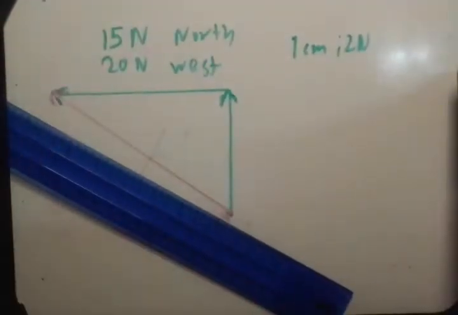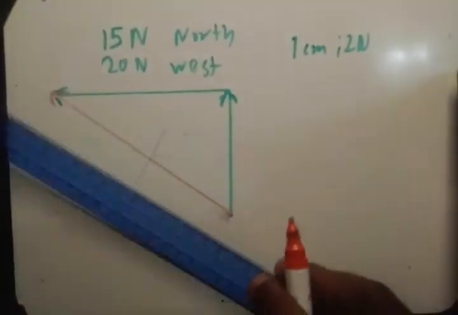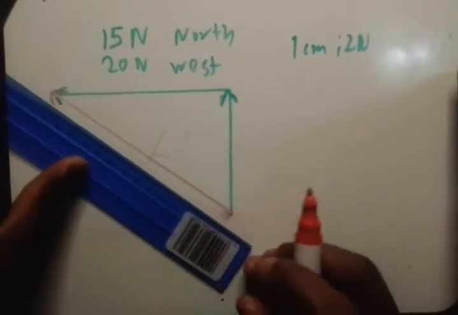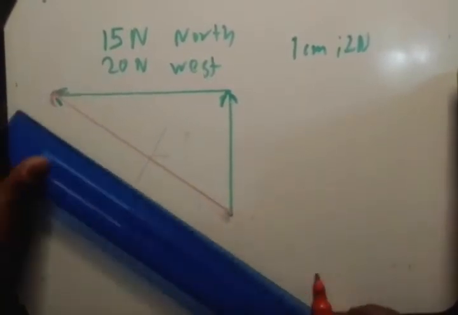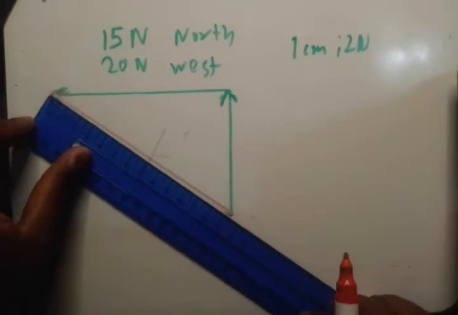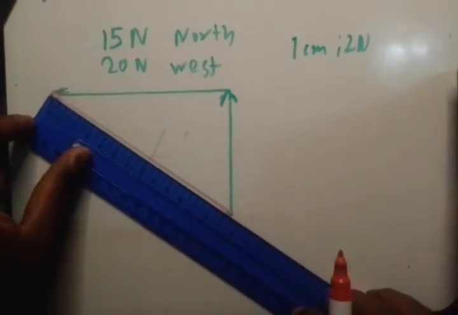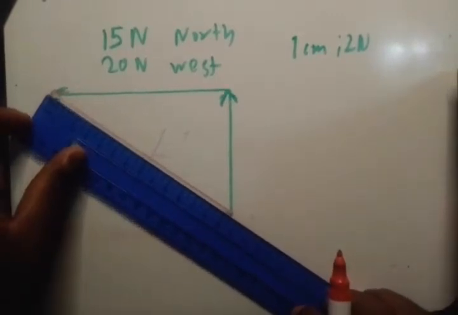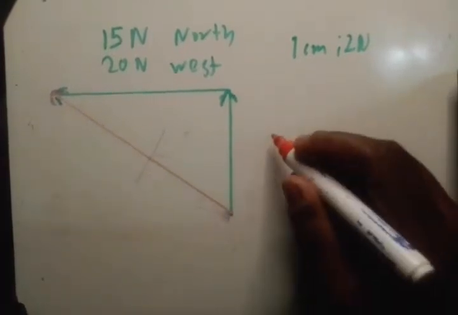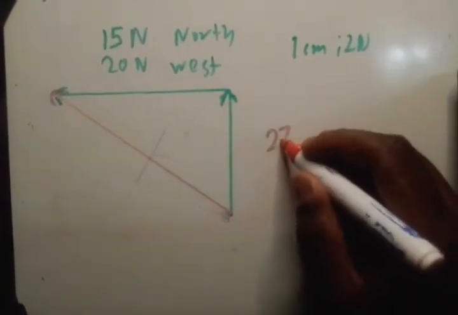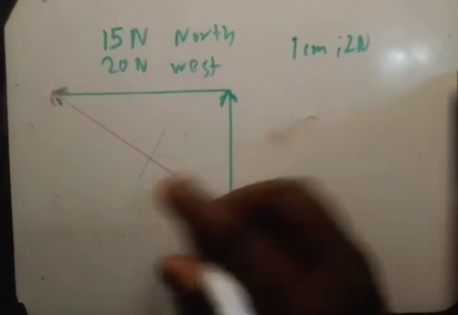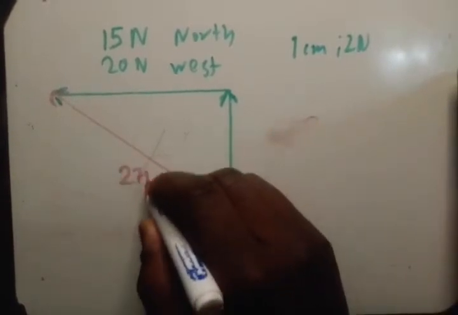And that's the resultant. And then from there, I now have to measure the distance. So this is 13.5 centimeters, right? Now this means that it would be 27 newtons, right? So the resultant would be 27 newtons.